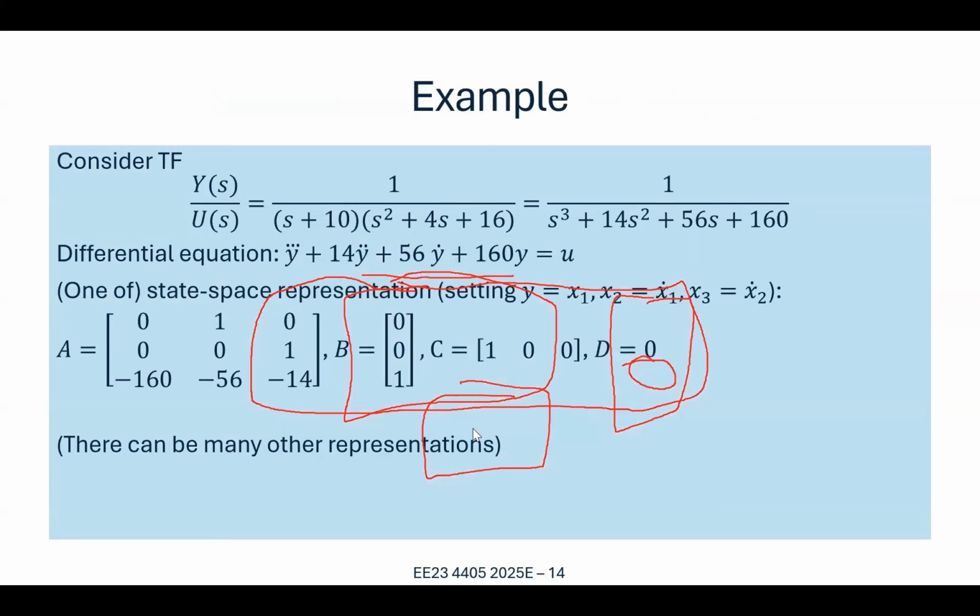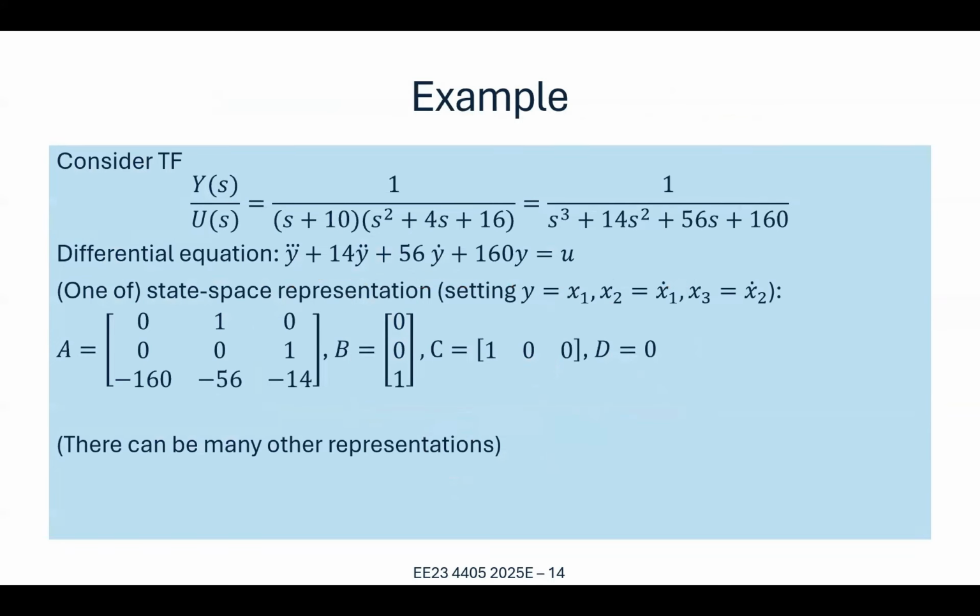All right, so this is one example of the transfer function that we get here. The y over u is given by the transfer function 1 over (s plus 10) times (s squared plus 4s plus 16).